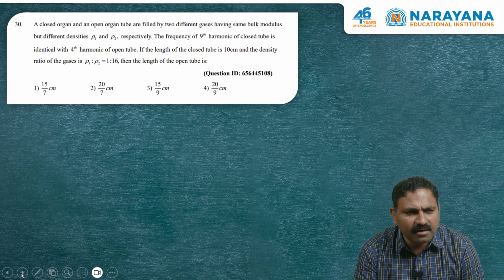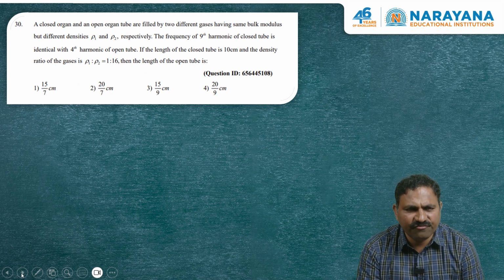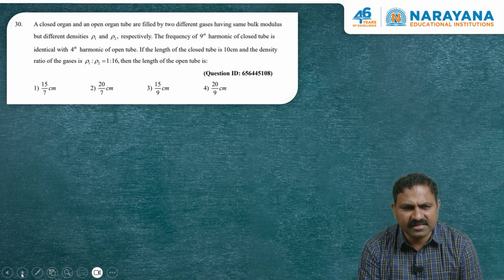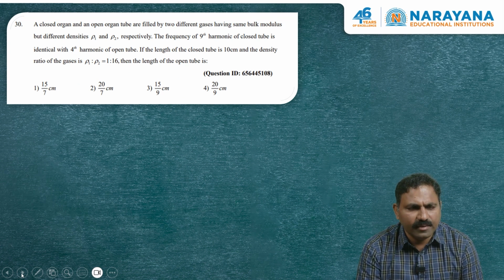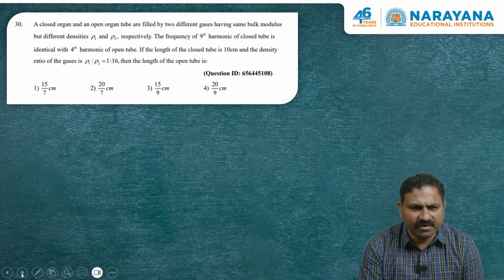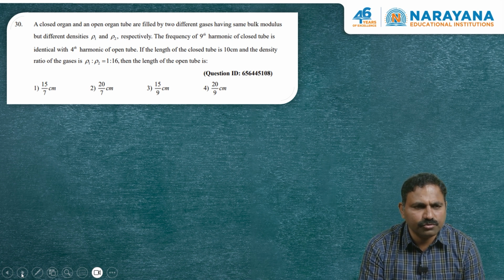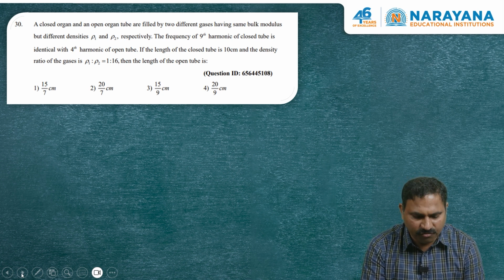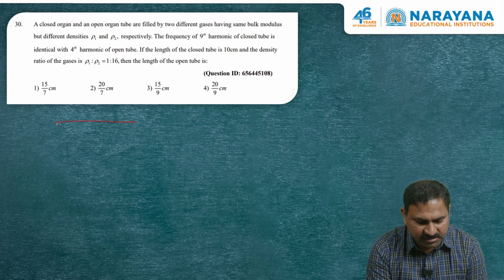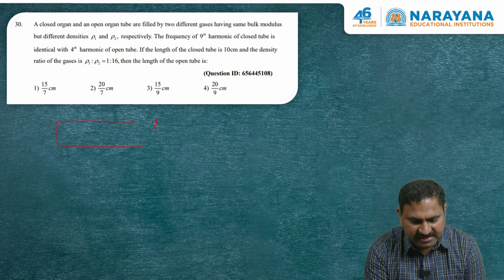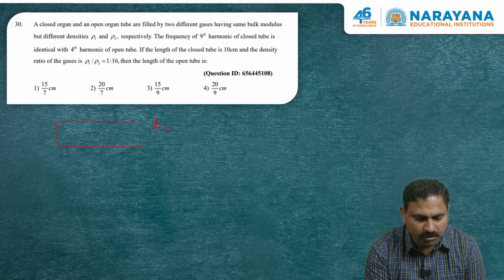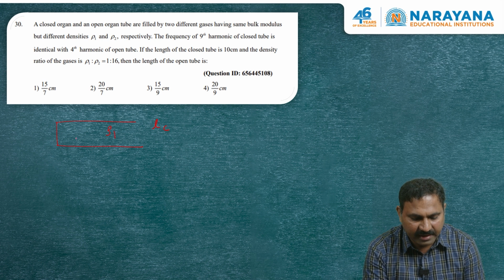A closed organ tube and an open organ tube are filled by two different gases having the same bulk modulus but different densities rho 1 and rho 2 respectively. The frequency of the ninth harmonic of the closed tube is identical with the fourth harmonic of the open tube. Suppose it is a closed tube, let Lc be the length of the closed tube, rho 1 the density of gas in this case, and B the bulk modulus.